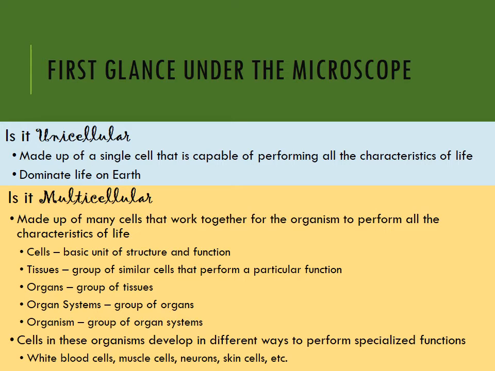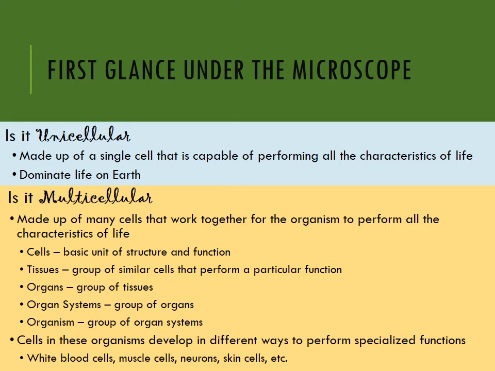So, for example, you can have a muscle cell, and muscle cells make muscle tissue in an organ, like the heart, which is made of mostly cardiac muscle tissue, and you have an organ system, which is the cardiovascular system, which also involves the heart, and the cardiovascular system works with other organ systems to maintain the beating of your heart and the exchange of gases and functioning of your body, so you can run, eat, talk, and do all the things that you do.